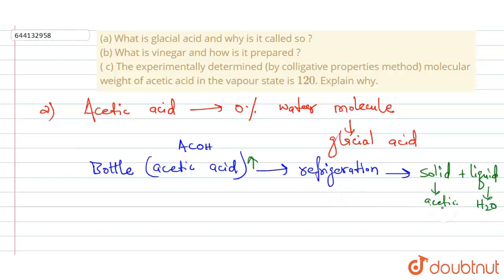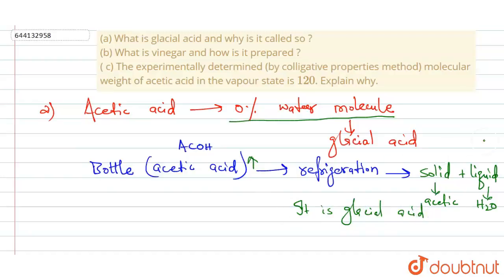So after this, the solid acetic acid is found. This solid acetic acid is having 0% water molecule, which means it is glacial acid.